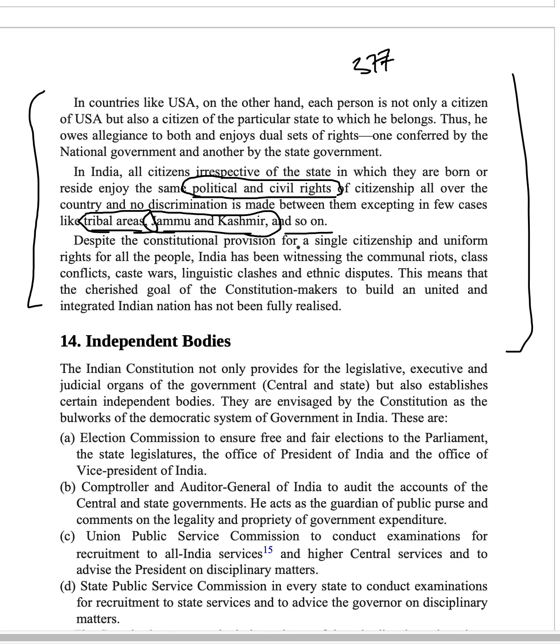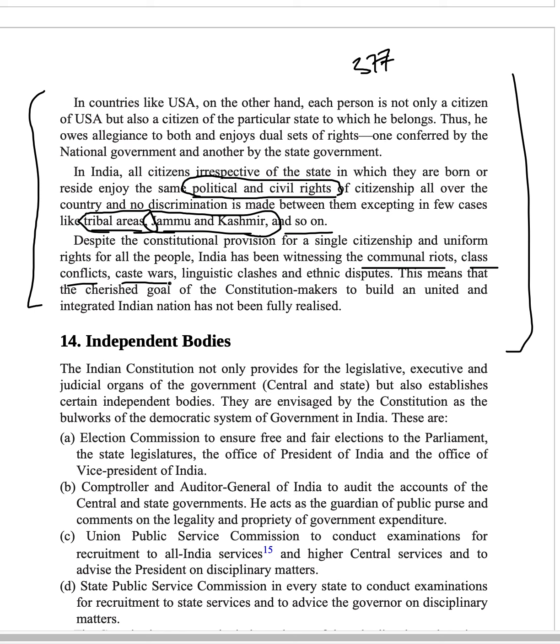Despite the constitutional provision for a single citizenship and uniform rights for all the people, India has been witnessing communal riots and class conflicts. Communal riots are on the rise a lot these days. Class conflicts means the conflict between rich and poor. Caste wars, we have recently seen so many conflicts between the lower castes as well as the upper caste.